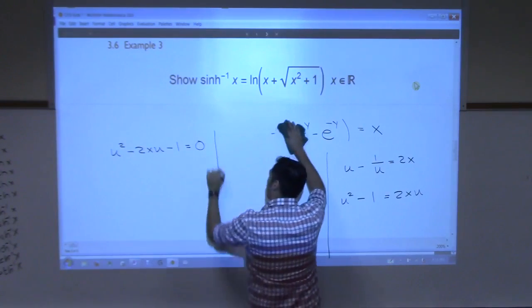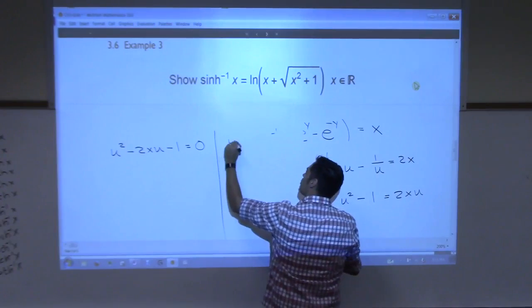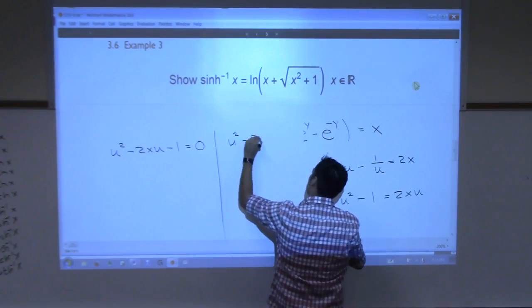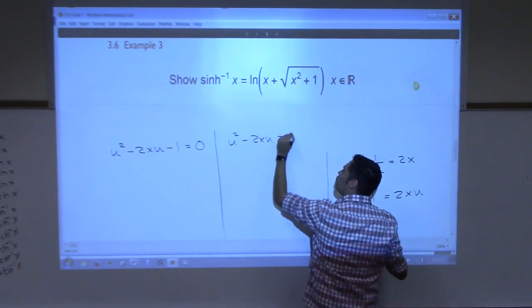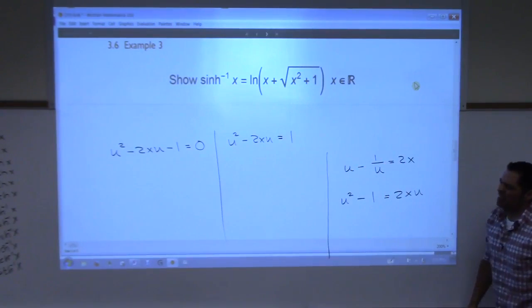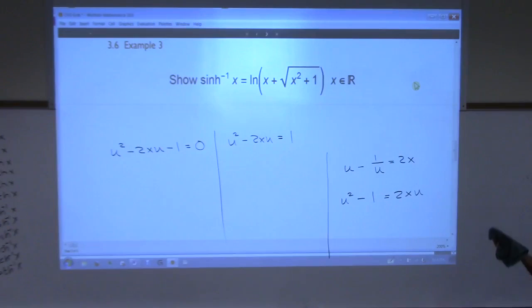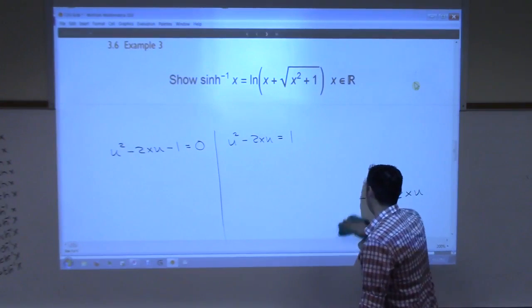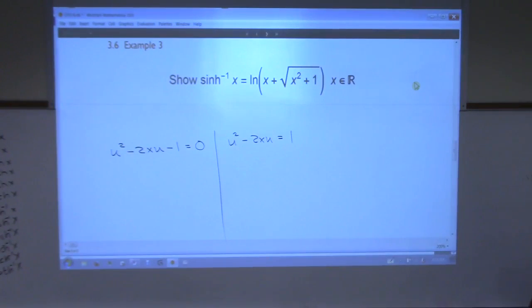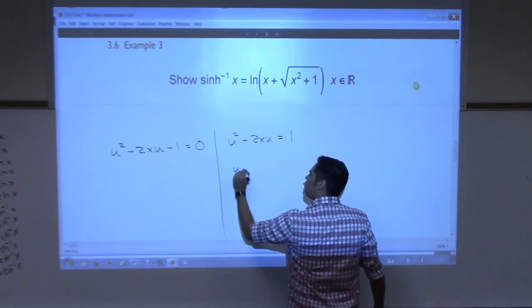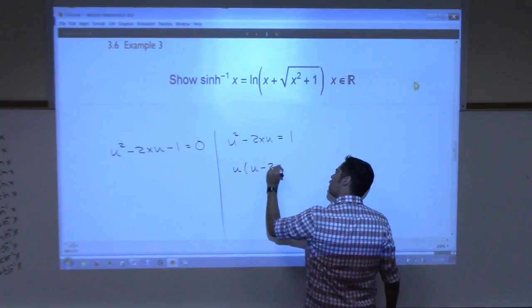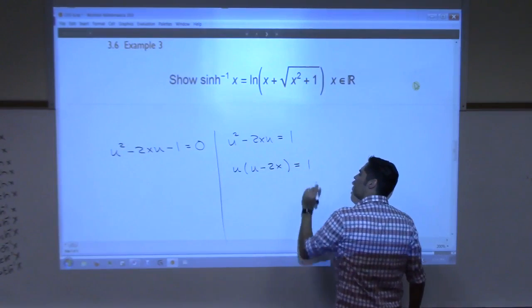Someone else wants me to write u squared minus 2xu equals 1. Which one do you want me to go after first? I'll do the one on the right, because you're going to get stuck, so we can get that one out of the way. Factor out a u? Yeah. Okay, u minus 2x equals 1.